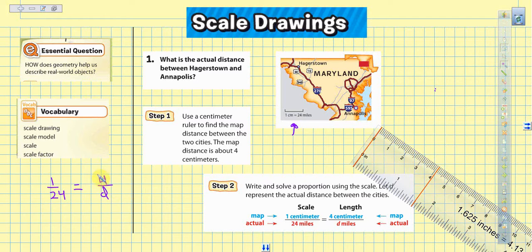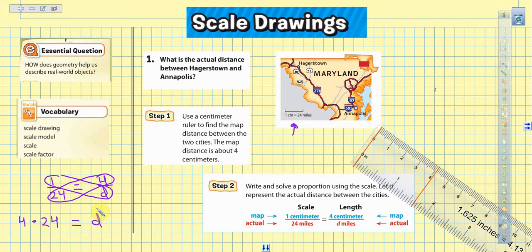Okay, so you go ahead and you start your cross multiply, which would be 4 times 24 equals d times 1, which in this case is d.